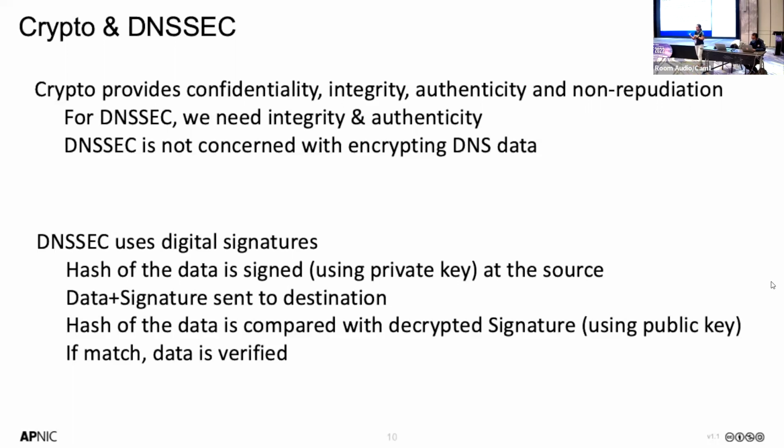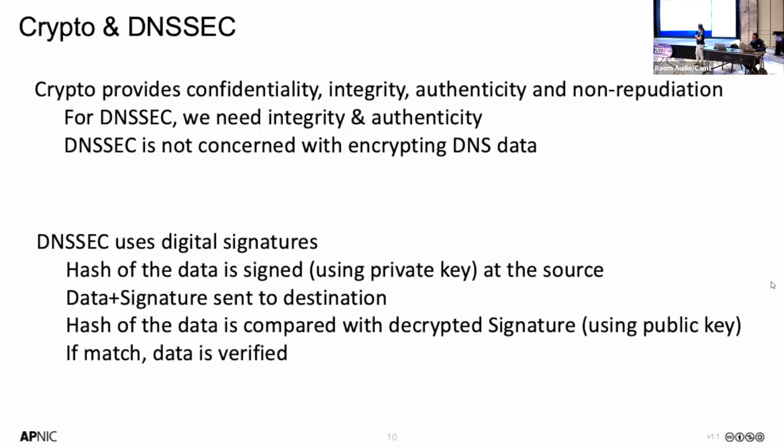Think of signing your emails. It's a bit like that, but in this case, we are signing DNS records. The hash of the record is signed using the private key at the source, and then this record plus the source signature will be sent or forwarded to the destination, usually when you query for that record.